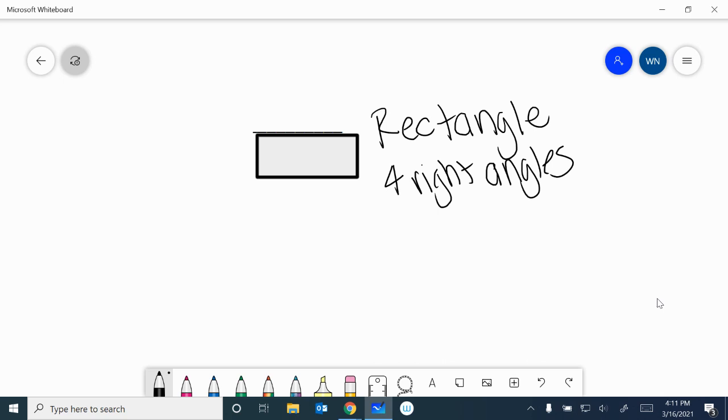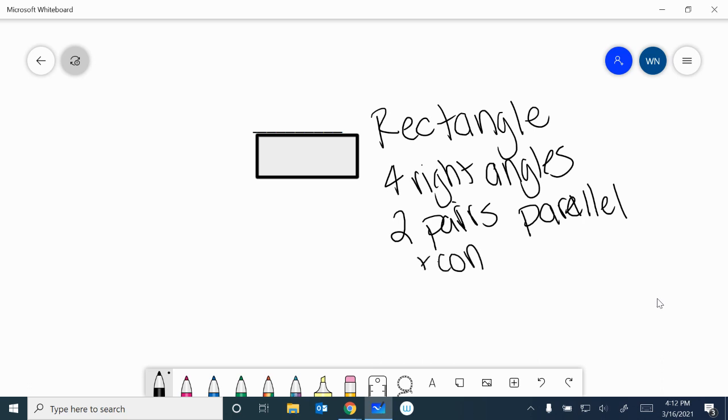So you need to know that it has four right angles and two pairs of parallel and congruent sides. I spelled parallel wrong again. Nope, actually that's correct. Two pairs of parallel and congruent sides.